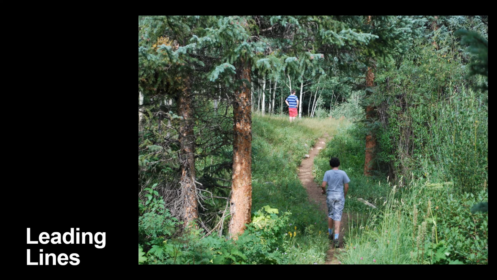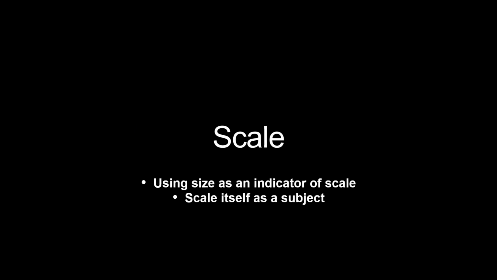You see a line and you follow it up. As a side note, it's also showing visual weight where you see the human that you automatically are drawn to at the bottom, and you follow where he's going up the leading line to the human at the top where my husband is.